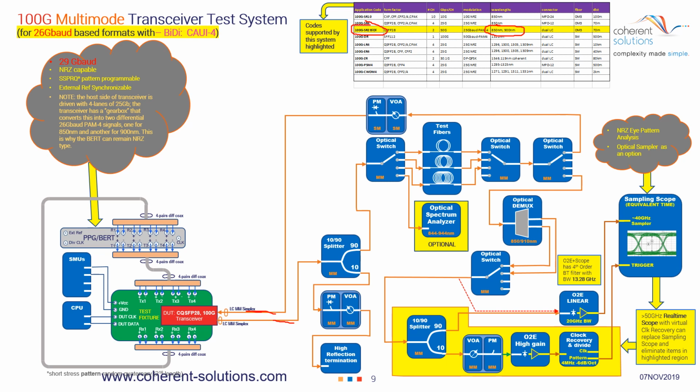Because of that, further down through our network, we actually need to use a device called an optical demux. This optical demux here is designed for splitting out the 850 nanometers from the 910 nanometers. Then by using the optical switch, we can sequentially test either the 850 nanometer or the 910. This is the basic functionality you will see repeated.